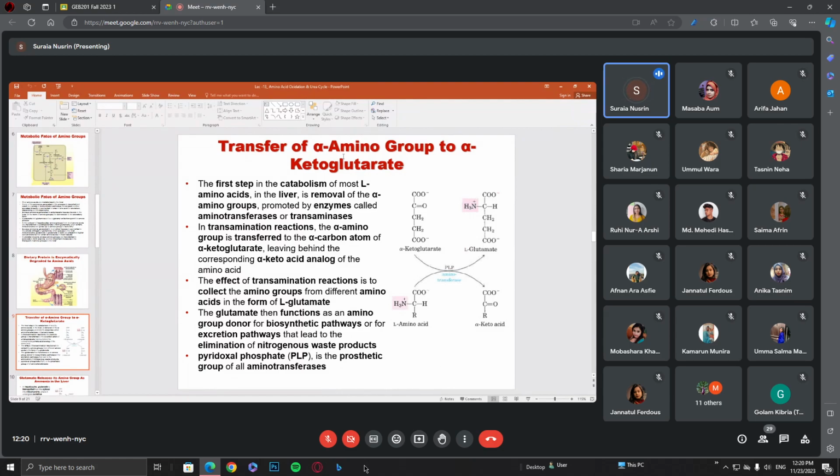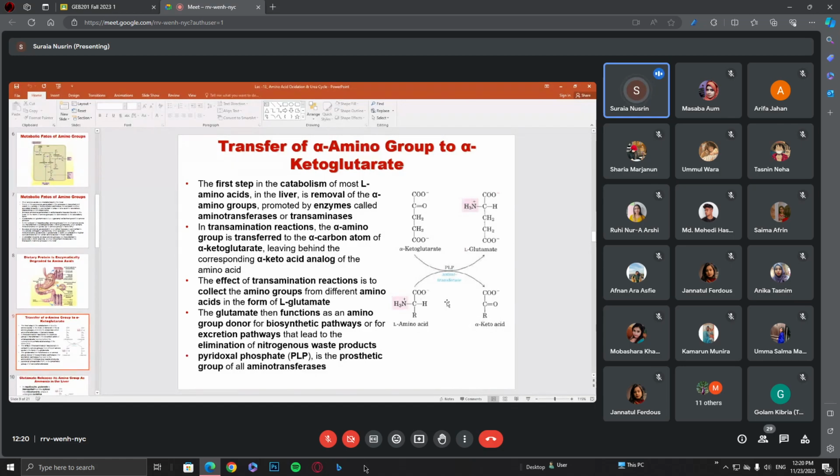So if you look at the reaction here, we can see the L amino acid, shown because naturally occurring amino acids are in the L configuration. You can see the pink shaded amino group that is released from the amino acid, and it goes to the alpha ketoglutarate and it becomes glutamate, and the remaining structure is the alpha keto acid.